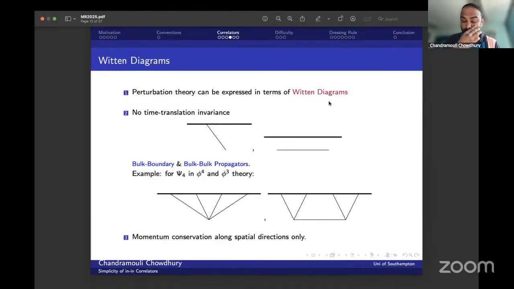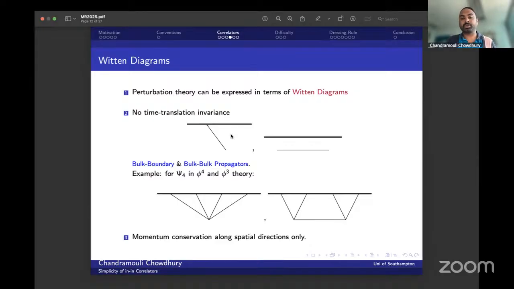So normally when you're computing scattering amplitudes, you're integrating from -infinity to +infinity. But now the time slice t equal to 0 plays a special role. So you would still draw the propagators that you normally draw, except that they can end on a time slice now, that there is a meaning to when a propagator ends on a time slice.